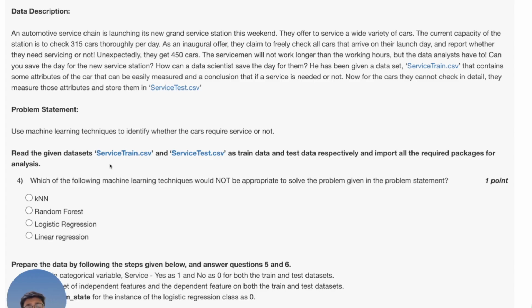Don't go by the name and think logistic regression may be a regression problem. No, it's a classification one. So these three of them are considered as classification categories, types. So this is a regression problem.